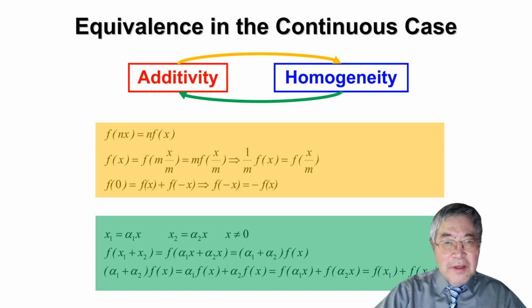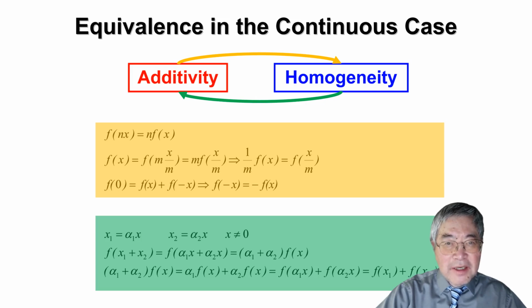Then in the green box, we see how additivity emerges from homogeneity. We define two inputs, x1 equals alpha 1 times x and x2 equals alpha 2 times x, where x is not equal to 0. If we apply homogeneity, f of x1 plus x2 equals f of alpha 1 times x plus alpha 2 times x, which equals alpha 1 plus alpha 2 times f of x.